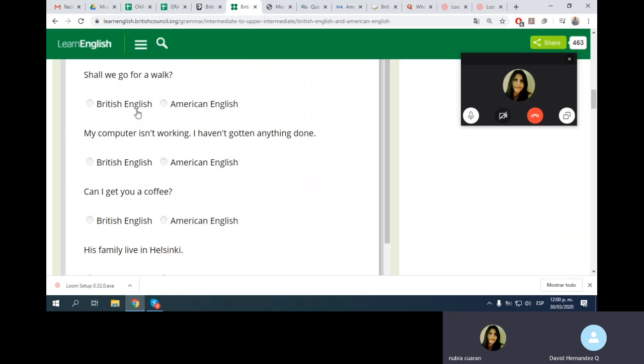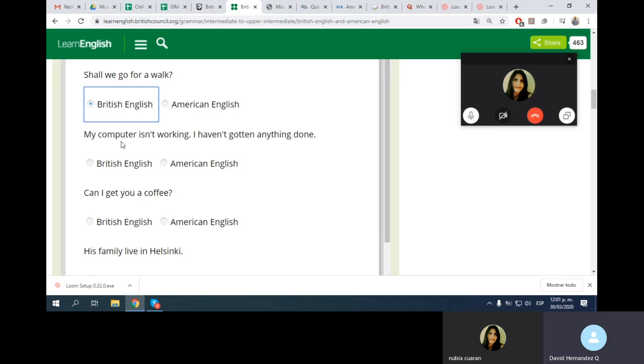Yeah, British English. If you say British English, it sounds American. Cuando tú dices British English, la T como una R, estás pronunciando muy americano, pero no hay problema. O sea, puedes decir British o British. Yeah, British English. Okay, so shall we go for a walk? It's British English.